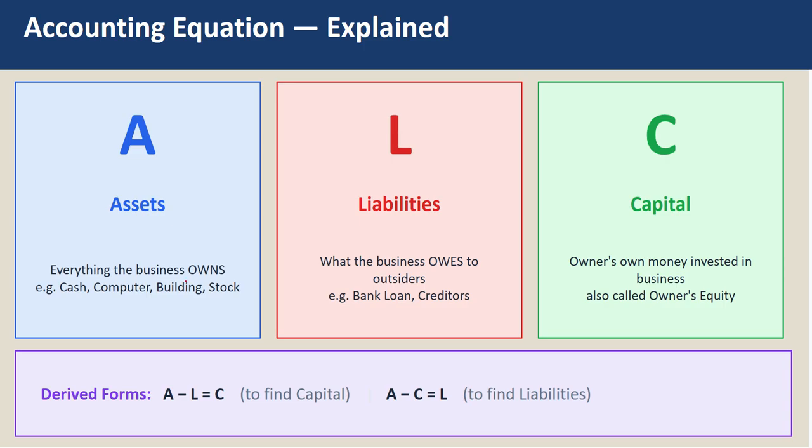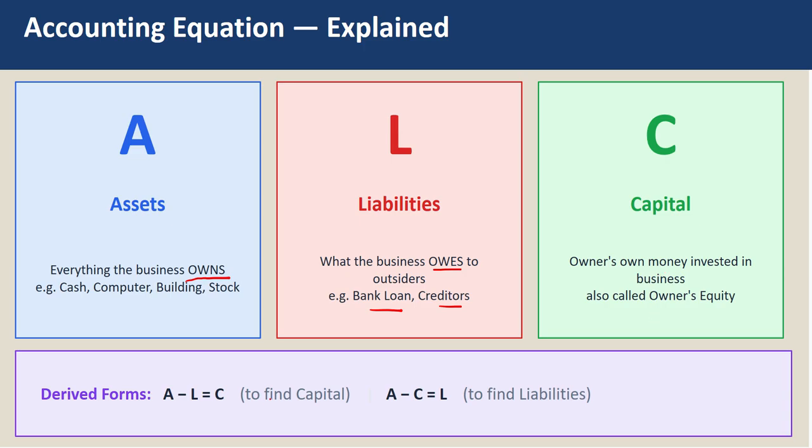Everything that the company owns is called assets, be it your land, building, investments, stocks, everything comes under assets. And what are liabilities? Whatever the business owes to outsiders is the liabilities, like the bank loan, the creditors, everything. And capital is the owner's money that is invested in the business.